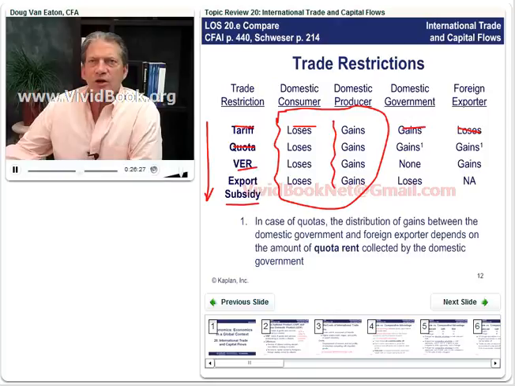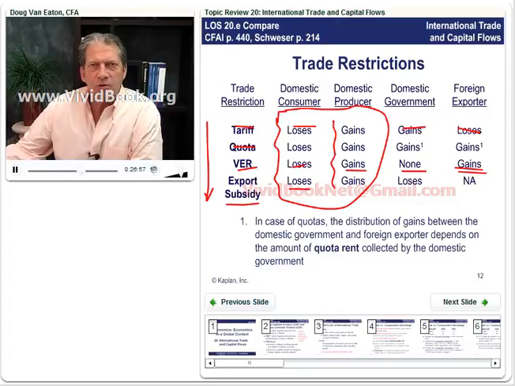Now, voluntary export restraints, well, the domestic government doesn't gain anything from that. Okay? The foreign exporter can gain from that, but domestic consumers lose and domestic producer gains. So we're talking about trade with voluntary export restraints. There's still going to be some gains to foreign exporters. And lastly, an export subsidy in the domestic country.